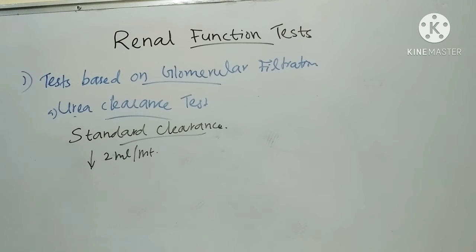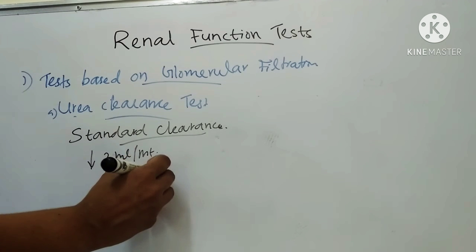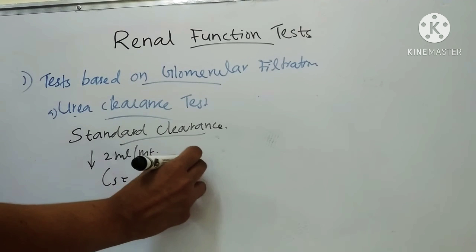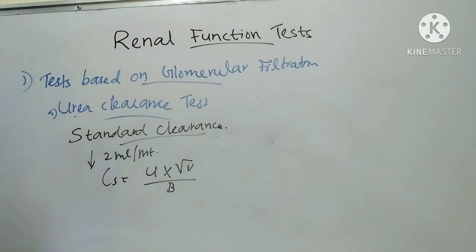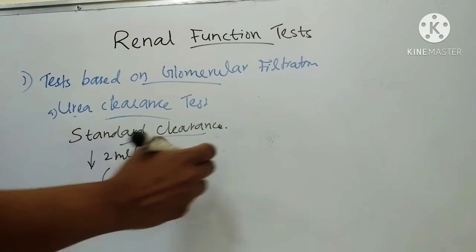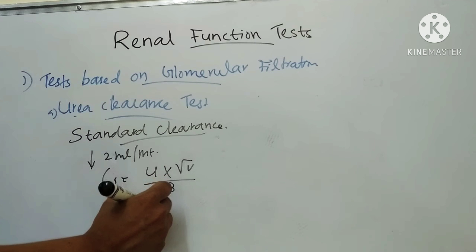Such clearance is known as standard clearance. Standard clearance is equal to U into root V by B. The average value is about 54 ml.